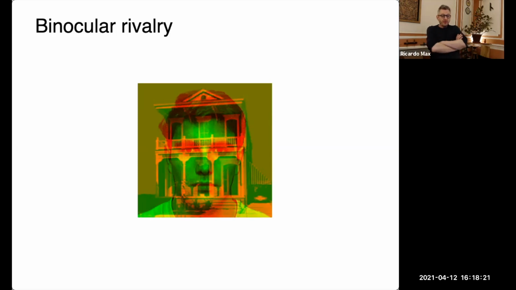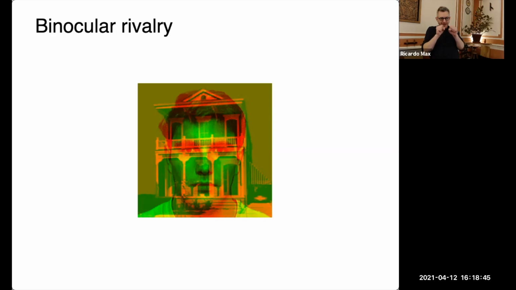So what happens here is that now we are looking at this, we see this superimposed image, but if we were using red and green glasses, only the face would reach one eye and the house would reach the other eye. And then we cannot see them both at the same time.